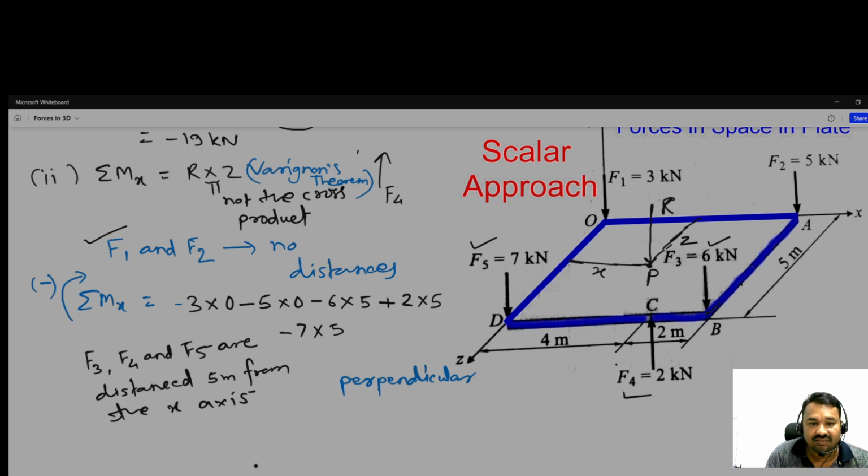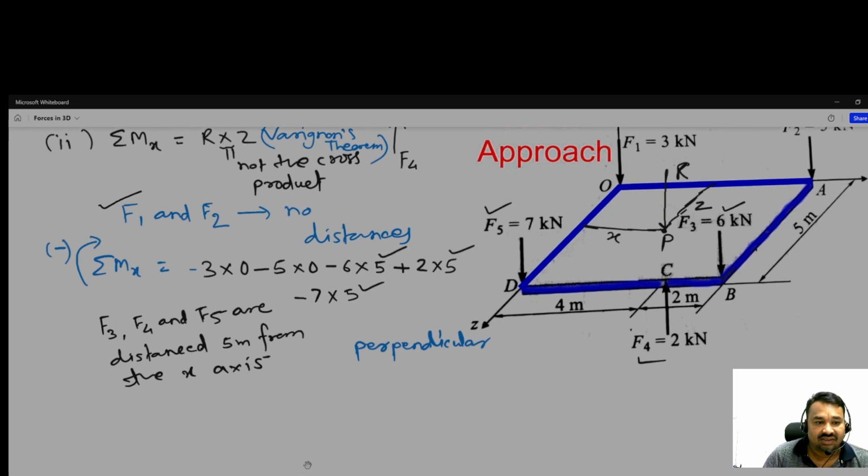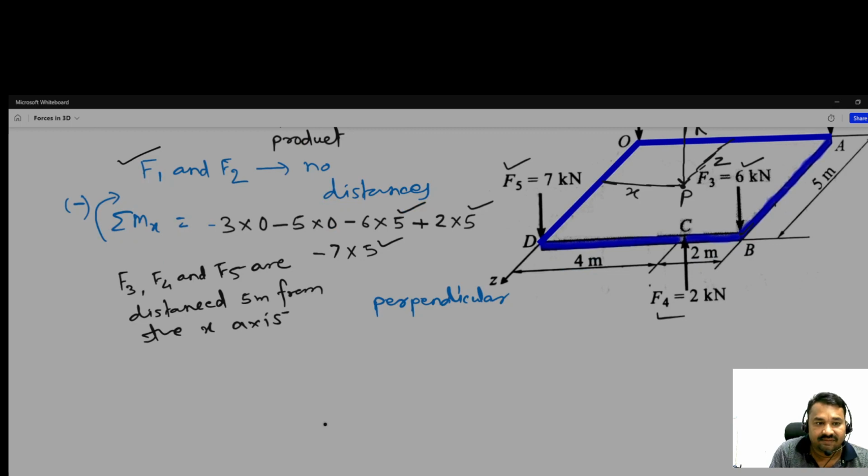That's why we have taken this one. So from this summation of Mx, we get Mx equal to minus 19z.